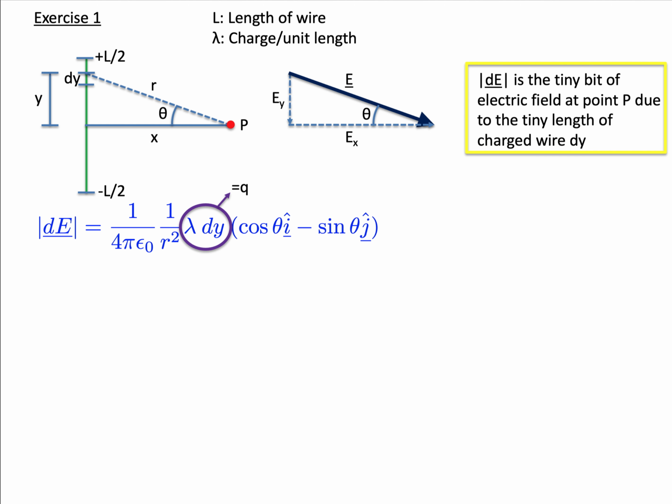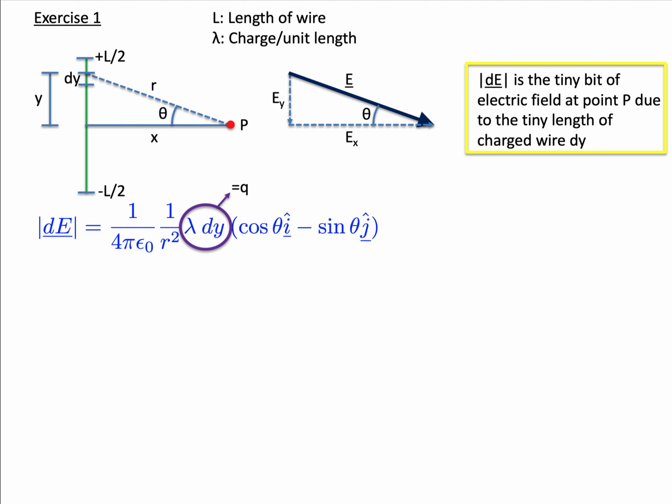There is no electric field going up or down at point P, so there will be no force up or down on a charge which was placed at point P. If we did put a charge at point P, it will be pushed left or right, but it will not be pushed up or down. And that makes sense because point P is in the centre of the wire.